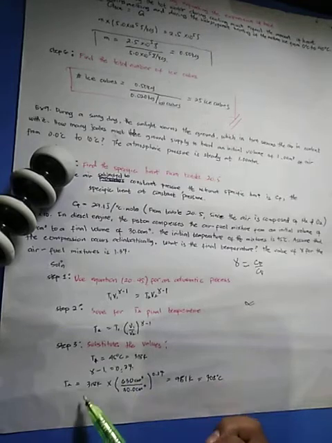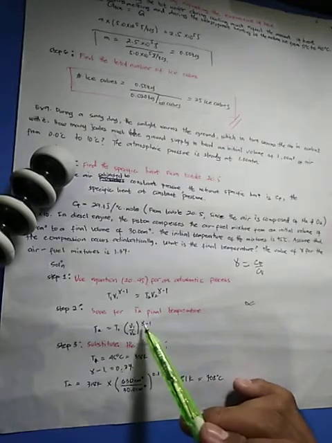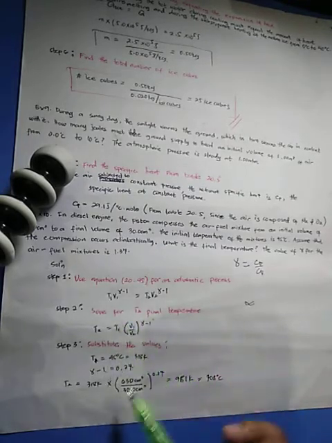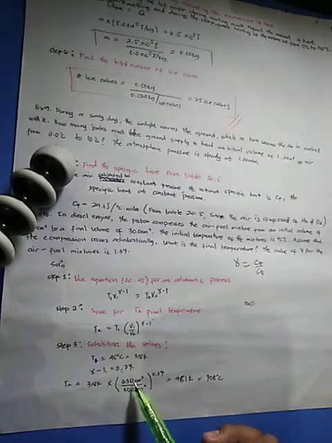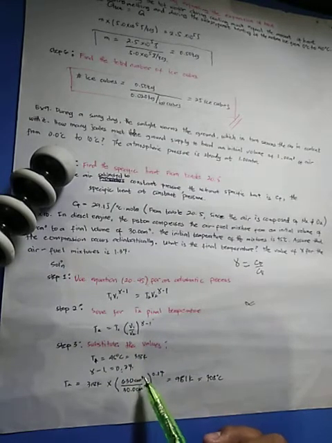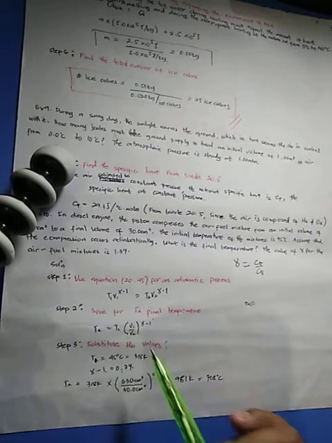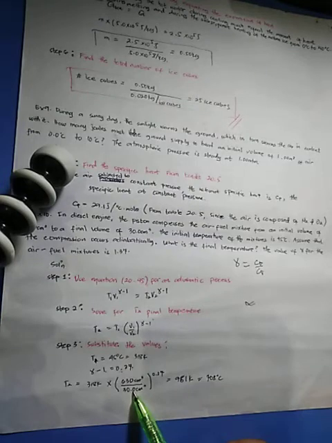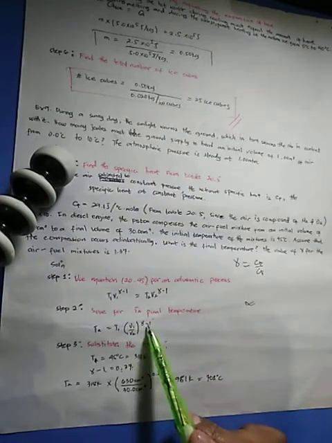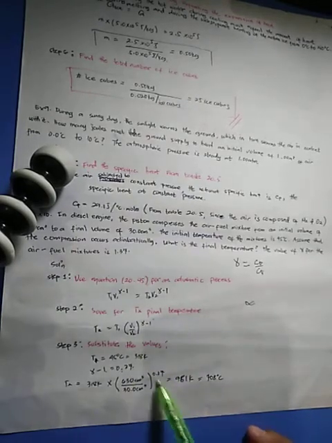So finding T2, substituting into this equation, T1 is equal to 318 Kelvin, the initial volume is 630 centimeters cubed, and the final volume is 30 centimeters cubed. Alpha, or lambda minus 1, is equal to 0.37.